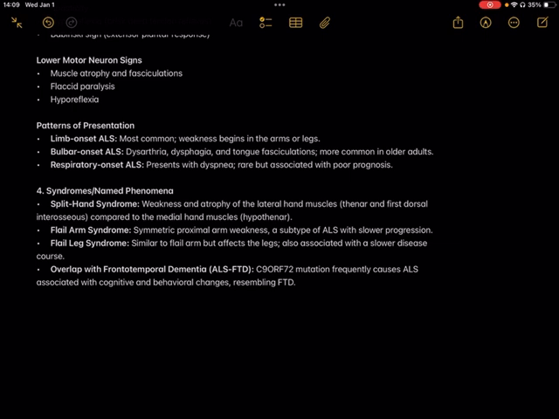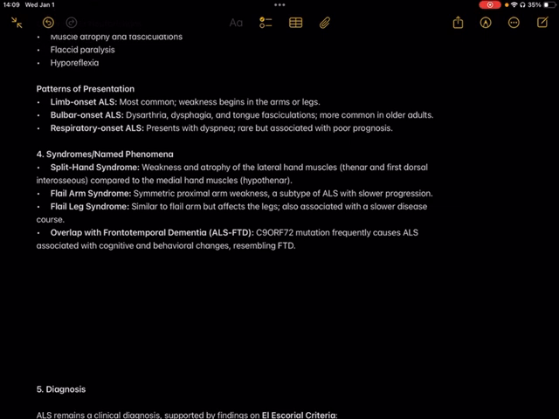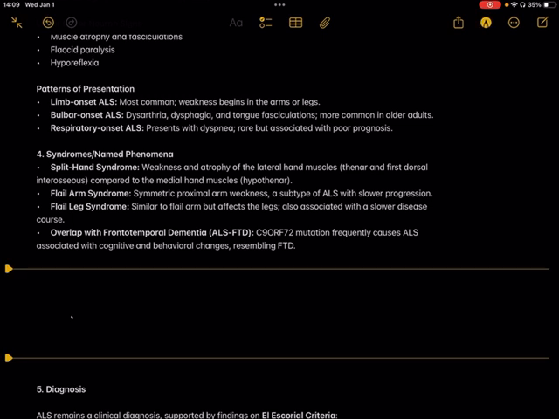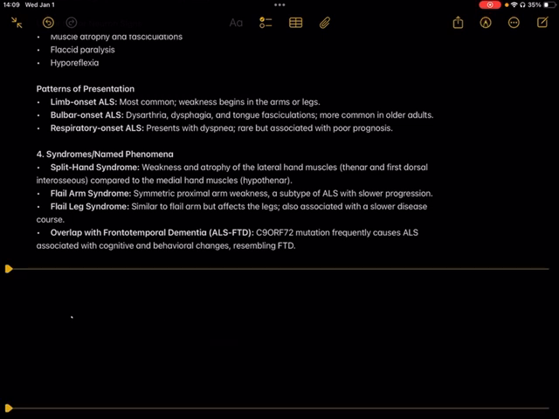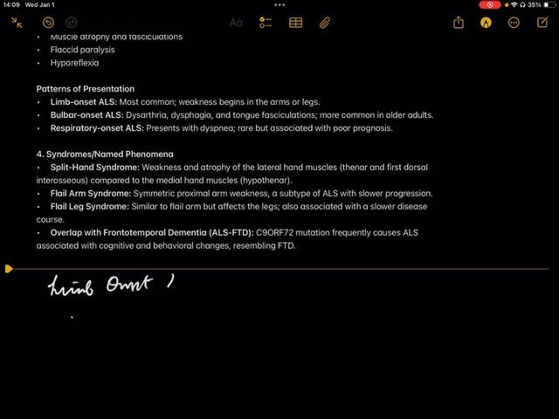Coming to specific patterns of presentation. Initially, the presentation would be limb onset ALS. The weakness would come initially in the form of weakness in arms or legs.